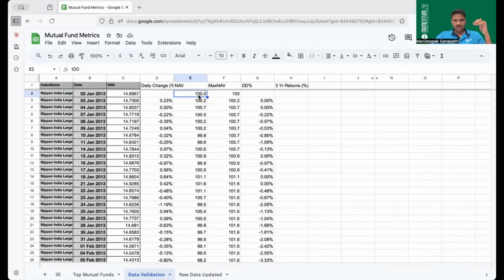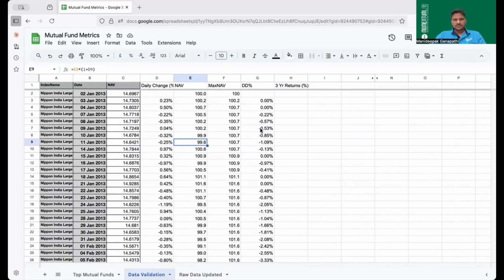So if I start with 100, then I essentially add the growth of this fund to 100. Since it has grown by 0.23%, you can see that it is 100.23 now. And from 100.2, it has again increased by 0.5%, which has further grown to 100.7. So on and so forth, you build the NAV for this fund.